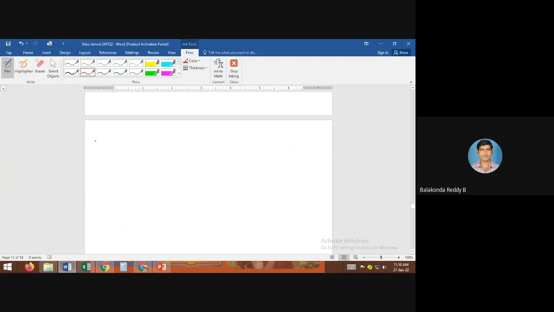How are you writing that query? Select average of salary from employee. Up to here, what is the output?